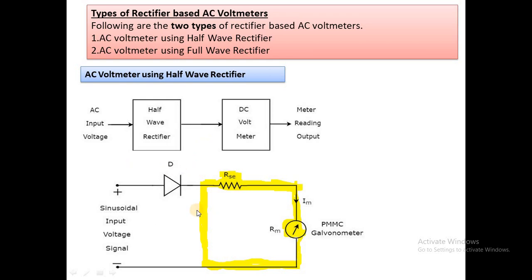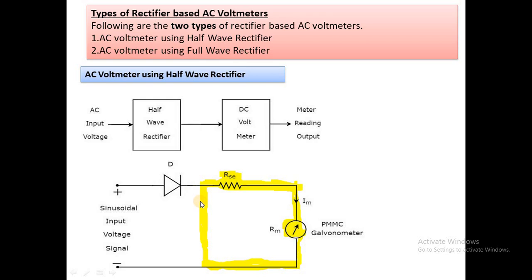This half wave rectifier consists of only one diode. What will the rectifier do? The rectifier will convert AC to DC.